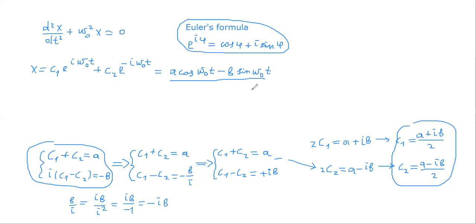It contains only real numbers, and this is more useful, because all physical values that can be measured in experiment are real values, not complex. And this form of solution contains only real numbers, and this is an advantage.